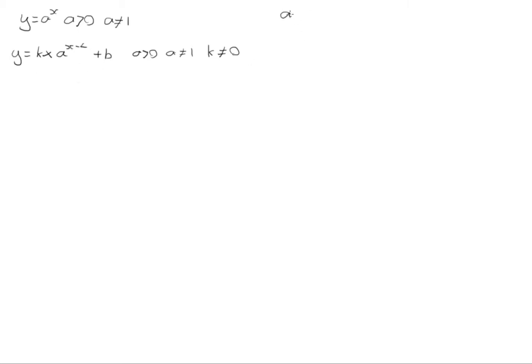Well, a is just how fast or how steeply the graph increases or decreases. b controls the vertical translation, and c controls the horizontal translation.